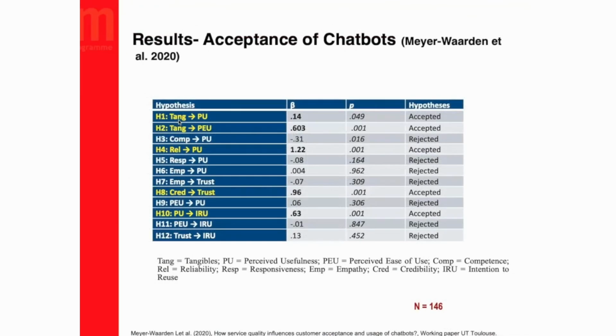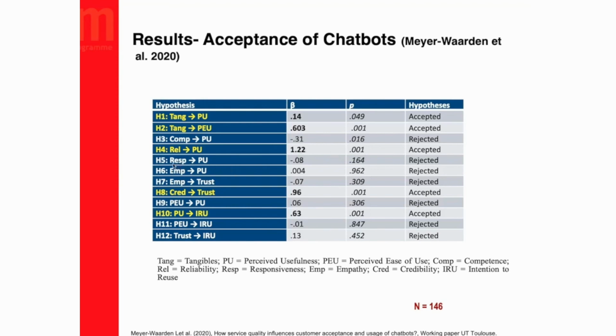In line with literature, tangibility influences positively perceived usefulness, but also perceived ease of use. We don't confirm the impact of competence on perceived usefulness, probably because we consider that a chatbot should be competent, simply not conceivable that a chatbot is not competent. We see that the reliability is also highly significant and highly positive.